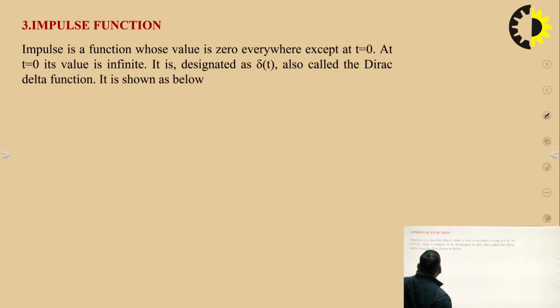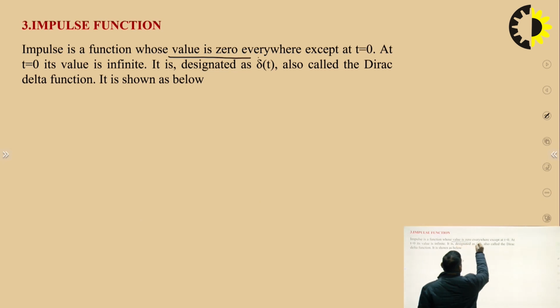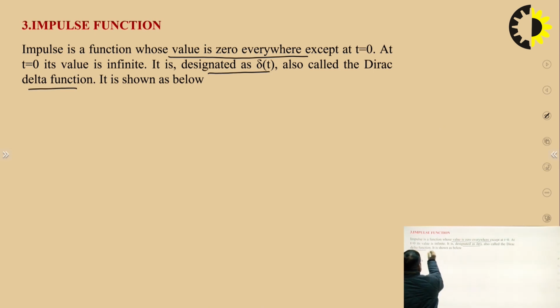Now come to the third one, the impulse function. Impulse is a function whose value is 0 everywhere except at t equal to 0, and at t equal to 0, its value is infinite. It is designated as delta(t), also called the Dirac delta function. And its graphical representation is this. This region is t greater than 0 and this region is t less than 0.